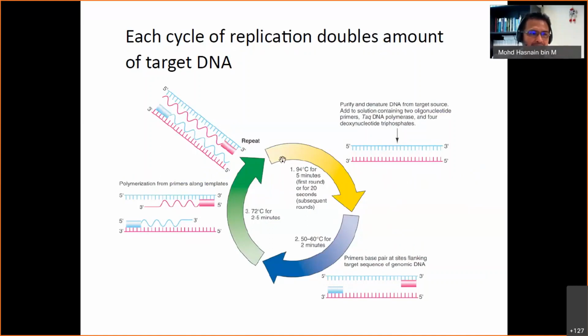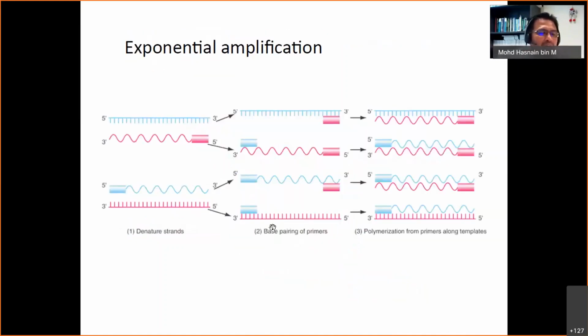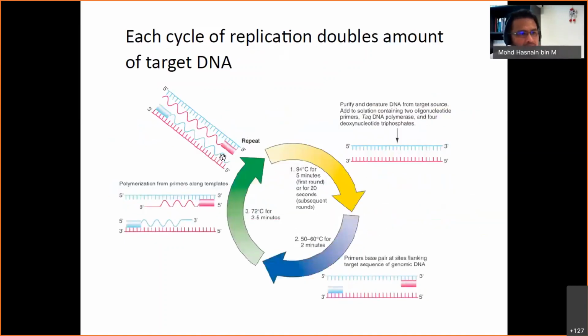So in the PCR, you have 3 steps, for example, the one at 94 degrees, and then the one at 50 to 60 degrees, and another one is 72 degrees. Okay, so you have 3 different stages in one cycle. It is usually repeated 30 times, or 30 cycles.